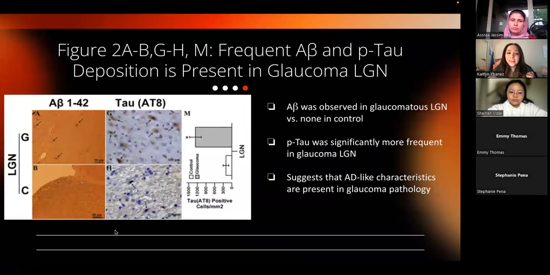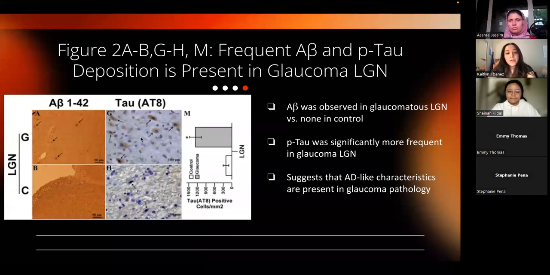We're going to focus on the LGN specifically because the other sections did not have much of an increase or decrease in these levels of amyloid beta and phosphorylated tau. But in the LGN, we can see there is more frequent aggregation of amyloid beta in glaucoma, which is G right here, in comparison to our control, where there's no detection of amyloid beta.